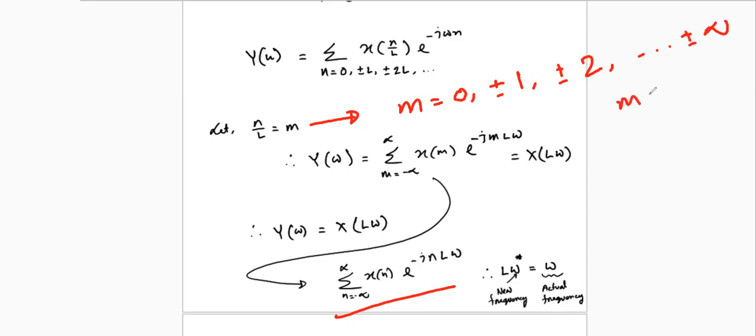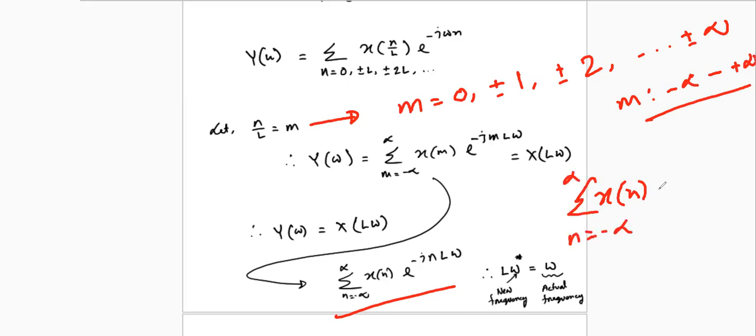So the limit of m is from minus infinity to plus infinity. That is the limit. So now if you consider it with your value x[n], n from minus infinity to plus infinity, e to the power minus j omega n.